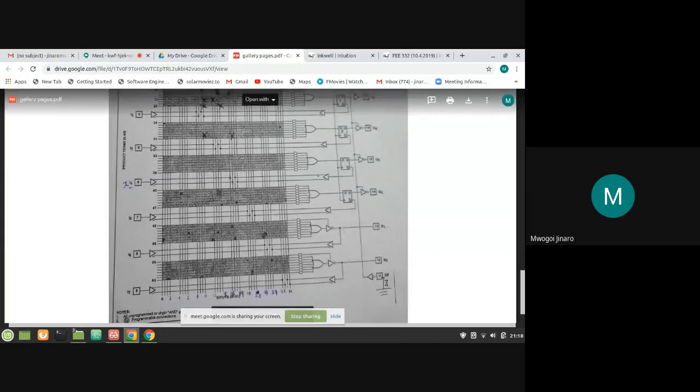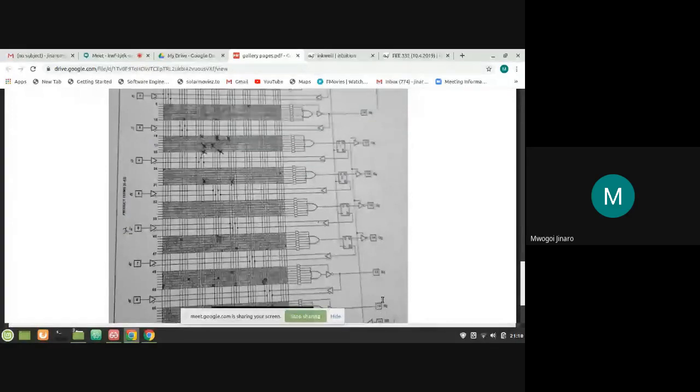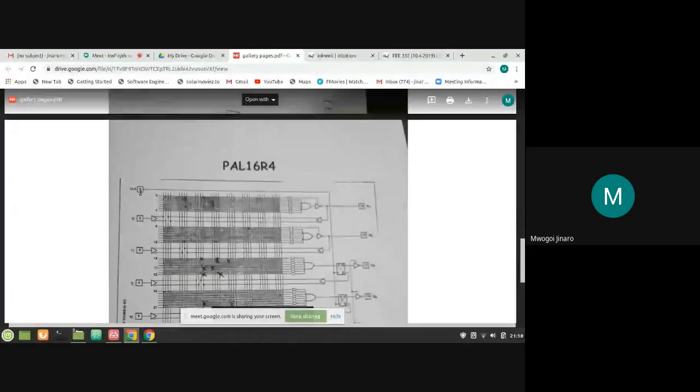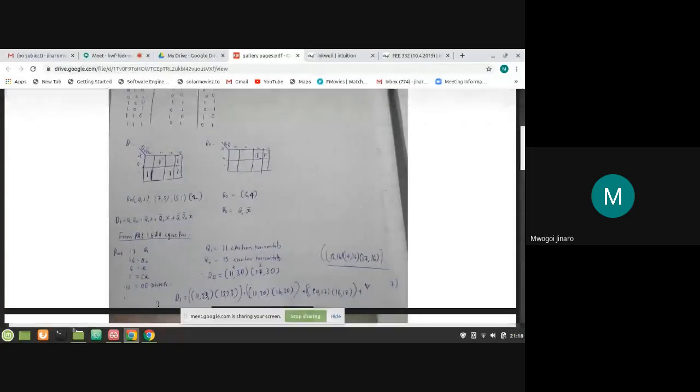Then we also have OE, which you told us to always ground. I don't have the explanation for that, but if someone has, you can write it in the chat. So you're supposed to ground this whenever you are using this, which is pin 11, and also indicate that the clock is pin 1.